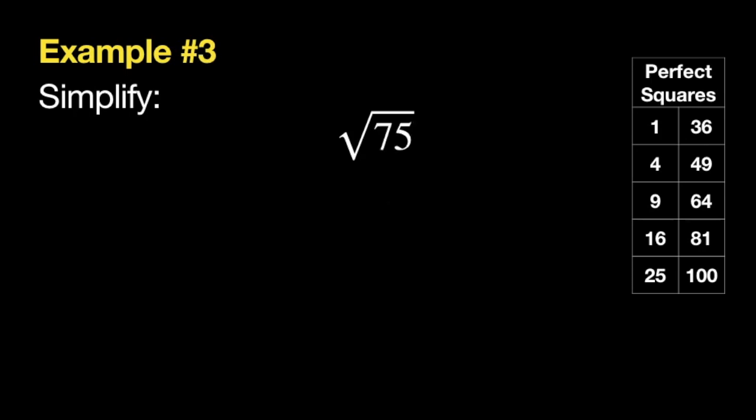If we look at the square root of 75 and we look at all our perfect squares, 75 is not in our list. So what you have to do here is split that square root into smaller numbers.